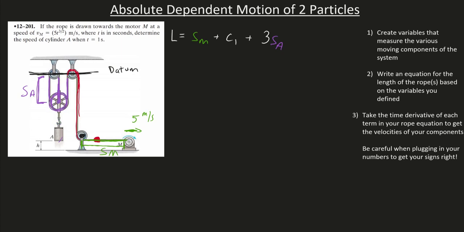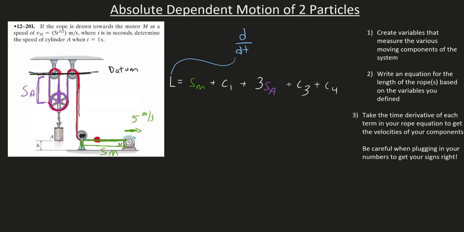So I have 3 of those purple rope lengths. I have a constant right here, which will be SC3, and 1 more rope constant that'll always be there, C4. So now I'll take the time derivative of each term.